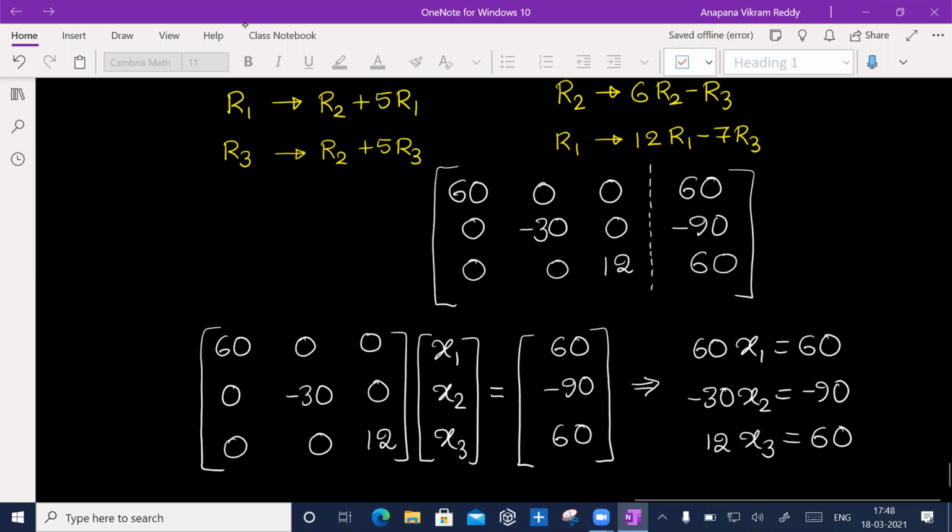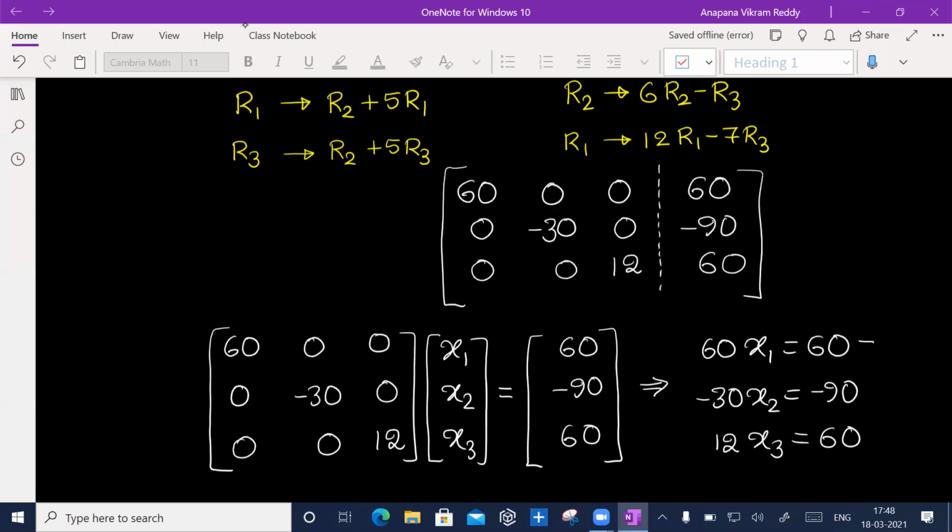So x1 must be 1, x2 equal to 3, and x3 equal to 5. That's it. Simple, right? Some textbooks ask you to convert the A matrix to the I matrix, and then you directly get the augmentation as the answer. Otherwise, once you have this diagonal matrix ready, just write it in the form Ax equal to B and get the answer. More than this, we don't require anything else.